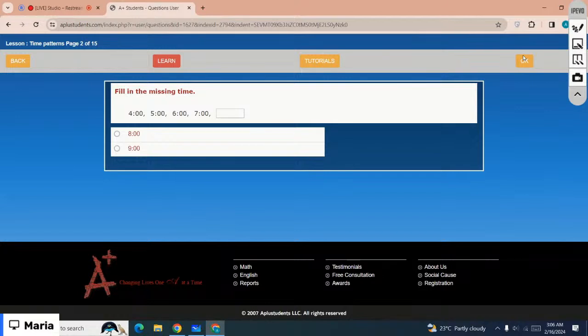So, which is the correct option? The time is decreasing by 1 hour, right?